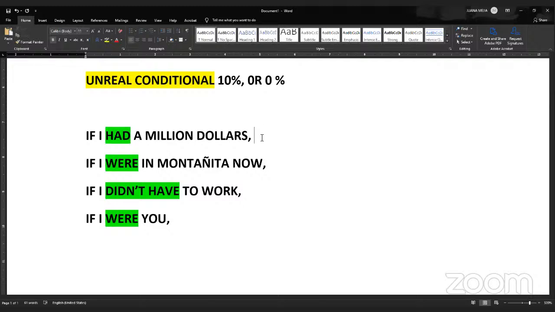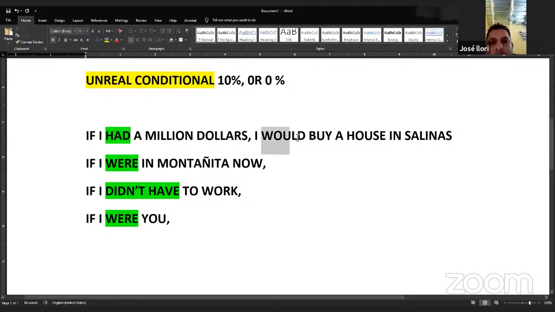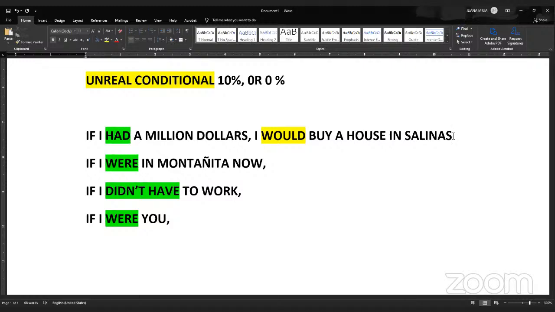Well, if I have $1 million, you see? If I have $1 million, I would buy the house in Salinas. That would be spectacular.